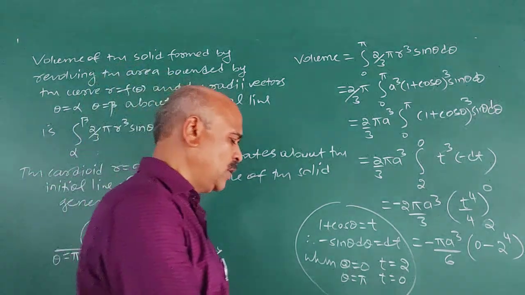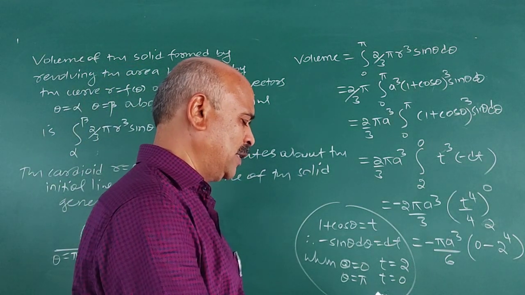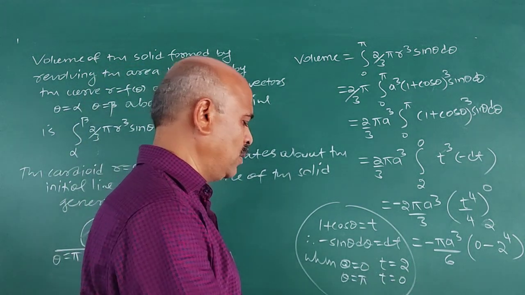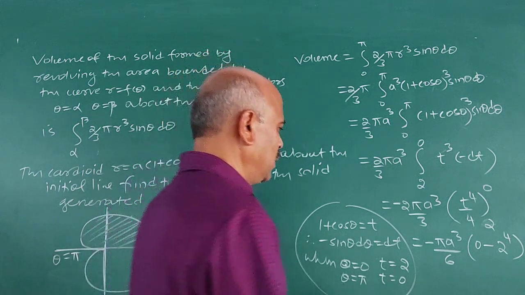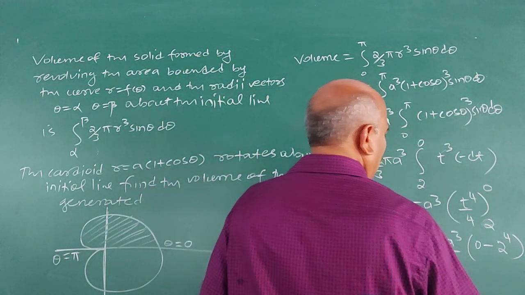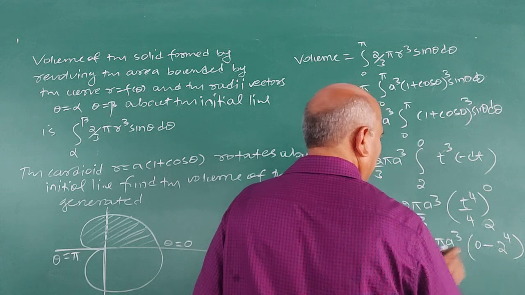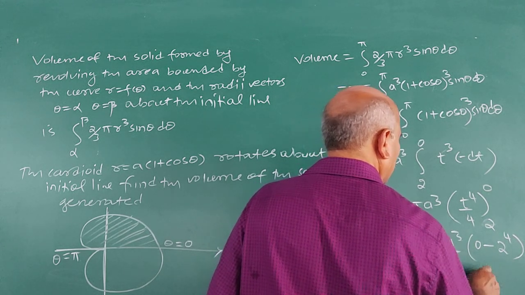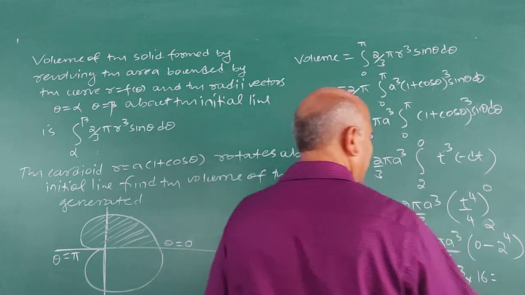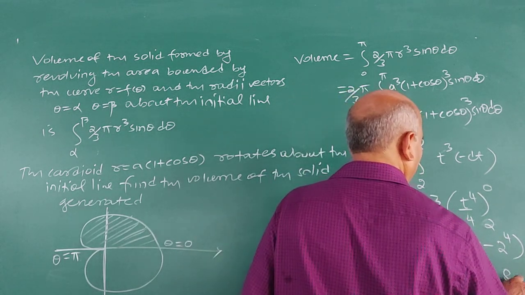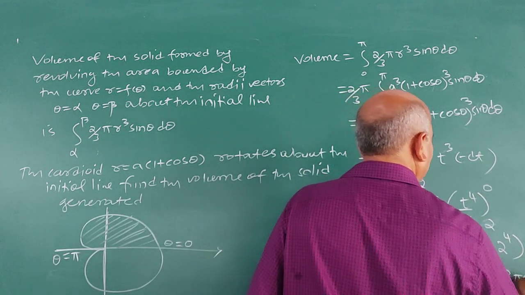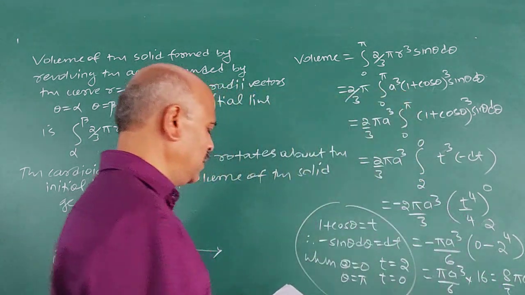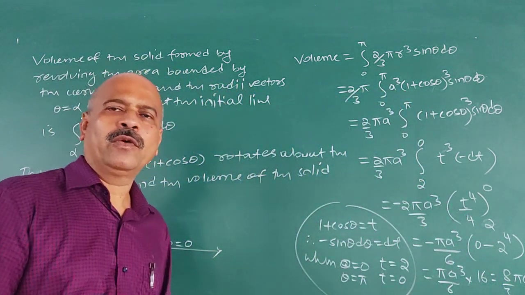Let me verify the final answer. The minus becomes plus here: pi a cube upon 6 into 2 raised to 4, which is 16, or 8 by 3 pi a cube. This is the answer: 8 by 3 pi a cube.